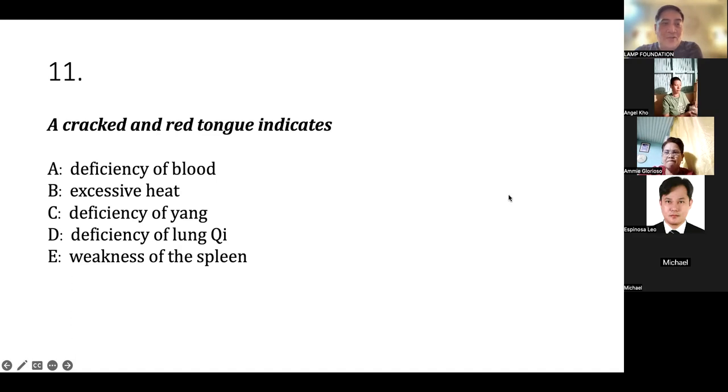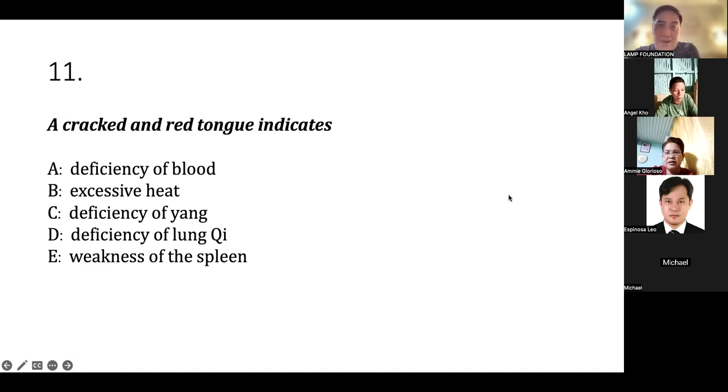Okay, very good. What about yang deficiency? Deficiency of yang. Anong itsura ng tongue? Pale po. Why did it take you long? Aside from being pale, what else are you going to look for?